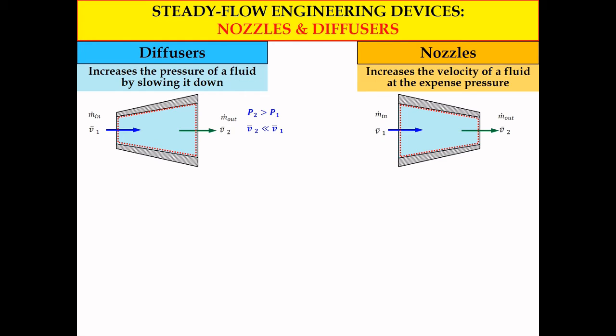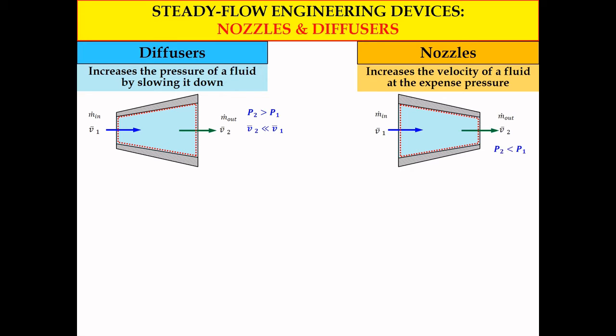Okay, so for the nozzle, the cross-section area at the inlet will be greater compared to the cross-section area at the outlet of the nozzle. So at the inlet we have mass flow rate m dot in with fluid velocity V1 bar, and at the outlet we have mass flow rate m dot out with fluid velocity at the outlet V2 bar.